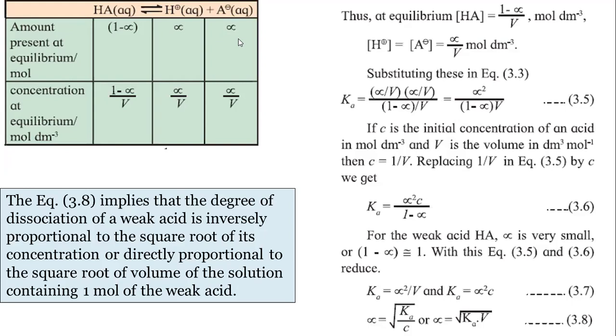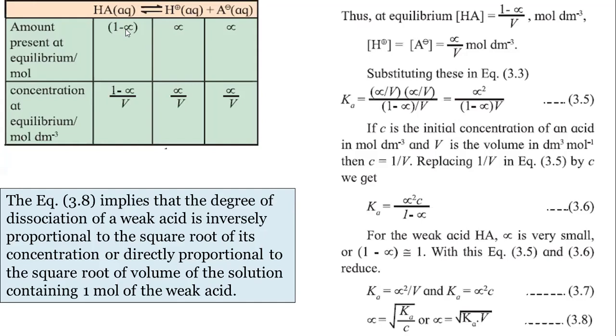So the amount of HA present at equilibrium will be 1 minus alpha. Remember, yesterday 2 students called me, sir, we didn't understand this 1 minus alpha. That's why I am explaining again what this 1 minus alpha is.